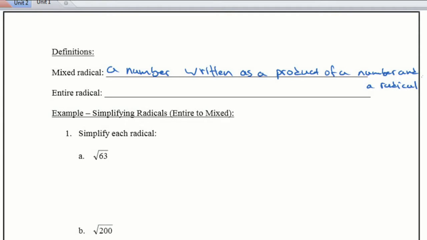If you wanted to think of an example of this, I would write it as maybe 2, that's my number, times the square root of 3.